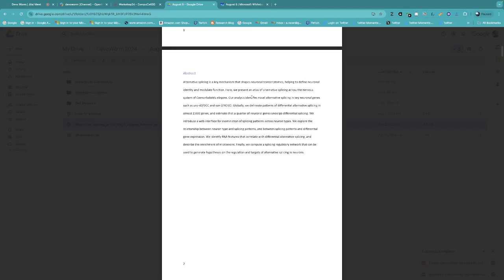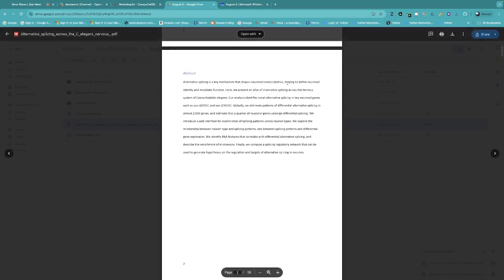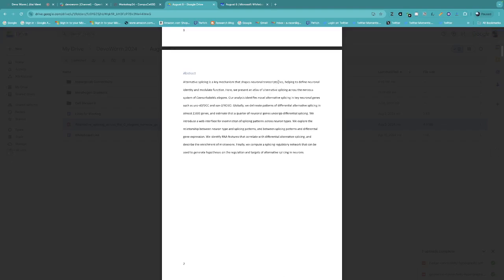It's more efficient to have one gene that can be spliced in different ways and recombined in different ways. So that's basically what alternative splicings are, and that's why they're important.